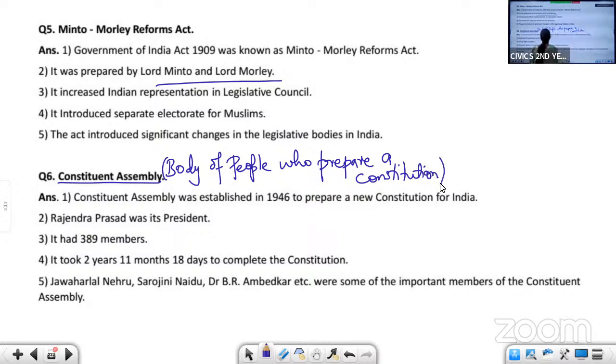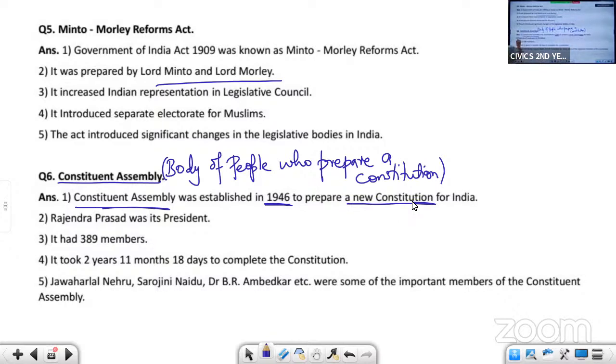Okay, so the Indian Constitution was prepared by the Constituent Assembly, which was established in 1946. Why was it established? To prepare a constitution for India, a new constitution for India.